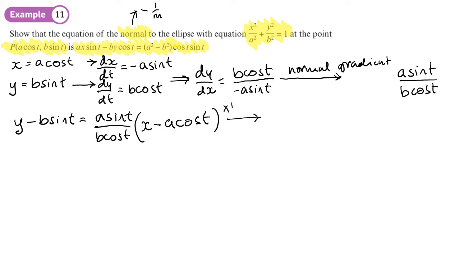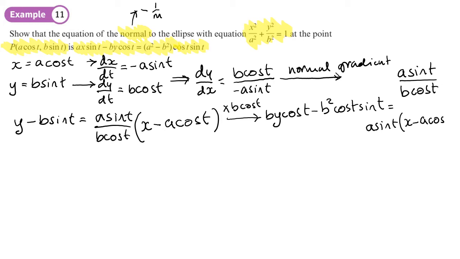So I'll just put times b cos t here. So we'll have by cos t minus b squared cos t sine t equals, I'm going to have to go into another line down here, a sine t times by x minus a cos t.